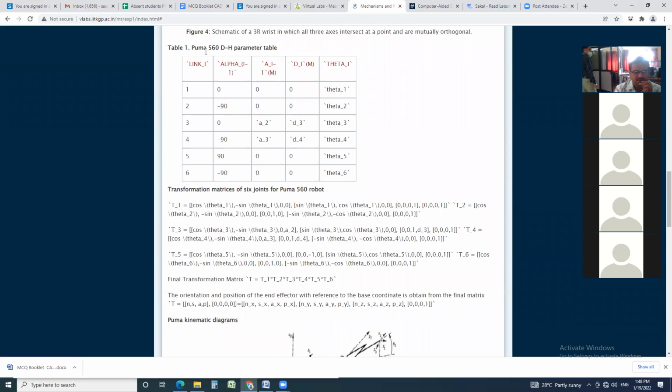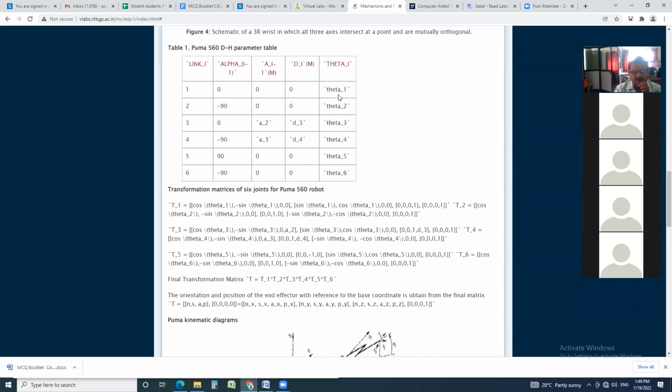Now this is table 1, the Puma 560 DH, that is Denavit-Hartenberg parameter table. The first column is the link: 1, 2, 3, 4, 5, 6, denoted by i. Then alpha i-1, the different angles: 0, minus 90, 0, minus 90, 90, minus 90. Then a i-1: 0, 0, a2, a3, 0, 0. d i: 0, 0, d3, d4, 0, 0.